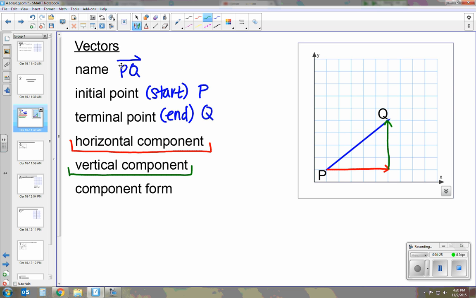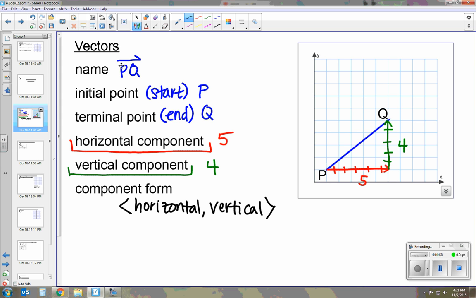So let's count these. For the horizontal component, that's 1, 2, 3, 4, 5 units positive. And the vertical is 1, 2, 3, 4 units positive. So our horizontal component is 5 units, and our vertical component is 4 units. And now what we can do is take that information and put it into component form. How we do that is we write it as horizontal, then our vertical.